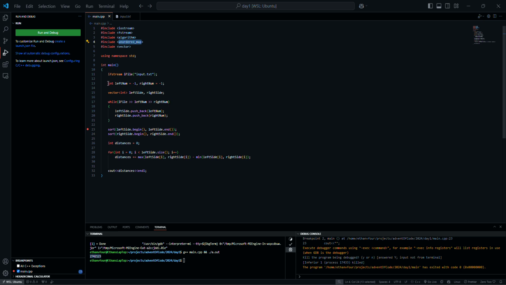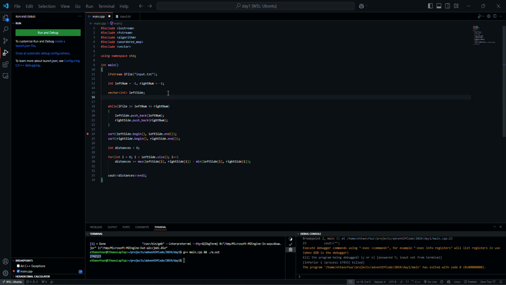We do need left num, we do need right num. We don't really need right side as a vector anymore, but we do need it as an unordered map of int and int. Basically the key is going to be the actual number, and the value is going to be how many times it appears on the right side.